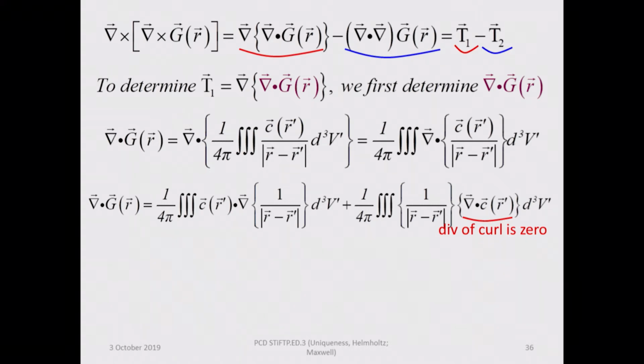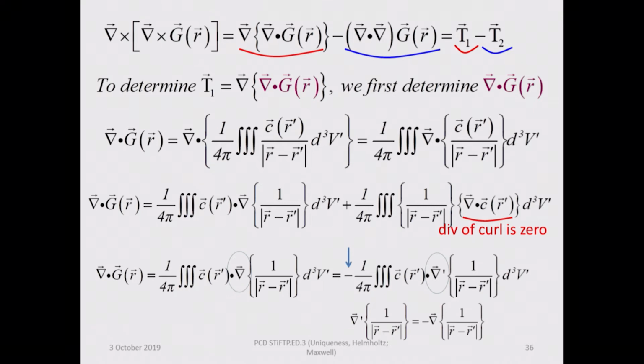Is the divergence of a curl equal to 0? No. This is differentiation with respect to unprimed variable, which is the field point, and this is the curl with respect to the primed variable, which are the source points. So, I cannot throw this term.